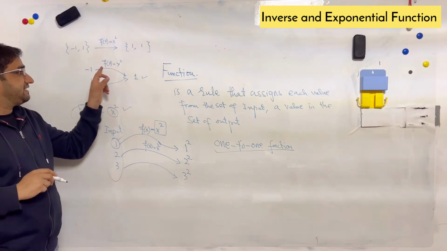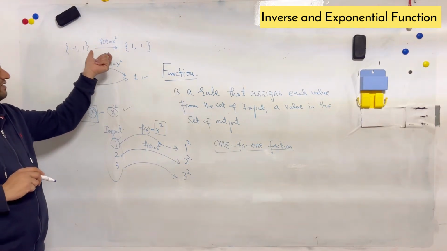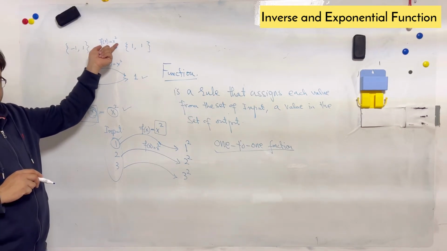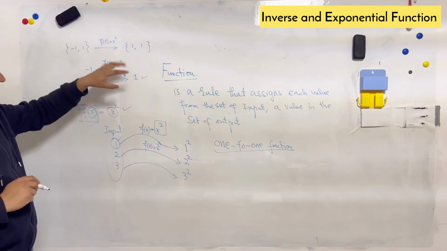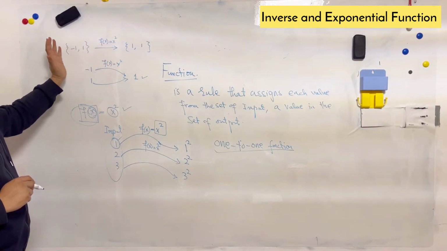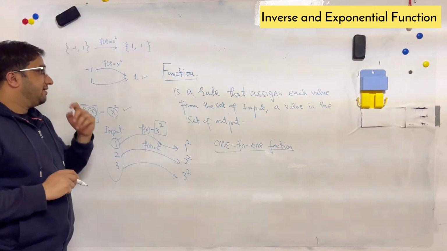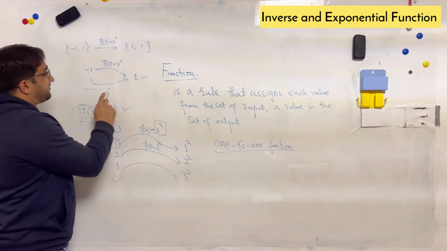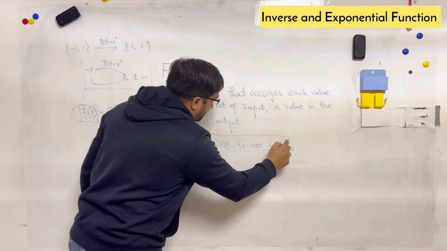You cannot say that f of x equals x square is not a function. No, this is a function because it follows the criteria of the function. It is continuous and it is taking some values from the input and giving us some output. But this function is not a one-to-one function.